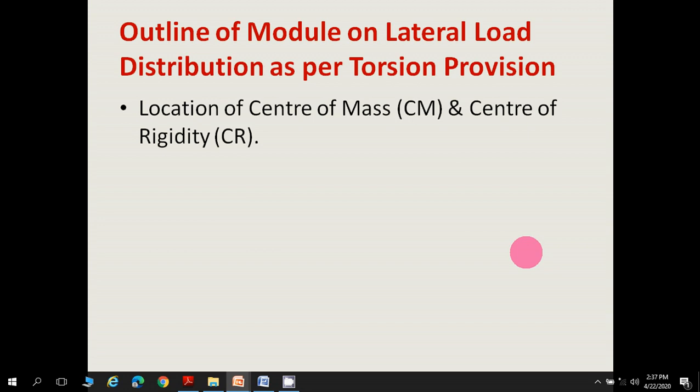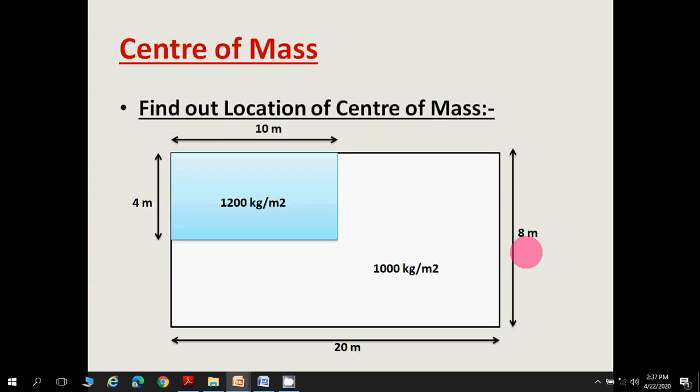To find the center of mass and center of rigidity, I have taken an example which is shown in this tutorial view. A floor plan is 20 meter by 8 meter, in which a small rectangle, which you can see here, is 10 meter by 4 meter and is subjected to a dead load of 1200 kg per meter square, and the rest of the floor plan is subjected to a dead load of 1000 kg per meter square.